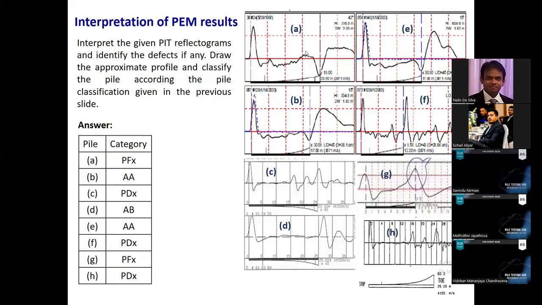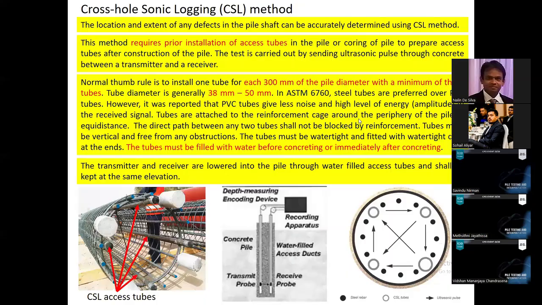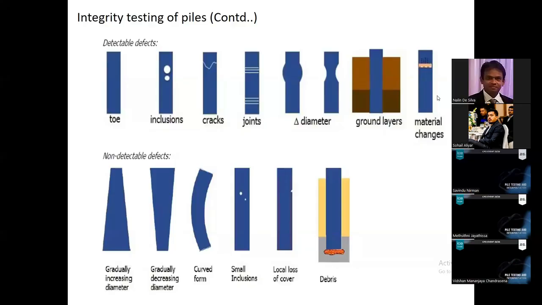So this is basically an indication of the presence of a weak layer. That is why it is classified as a flaw, right? So likewise, you can make various interpretations and predictions about the integrity of the pile.